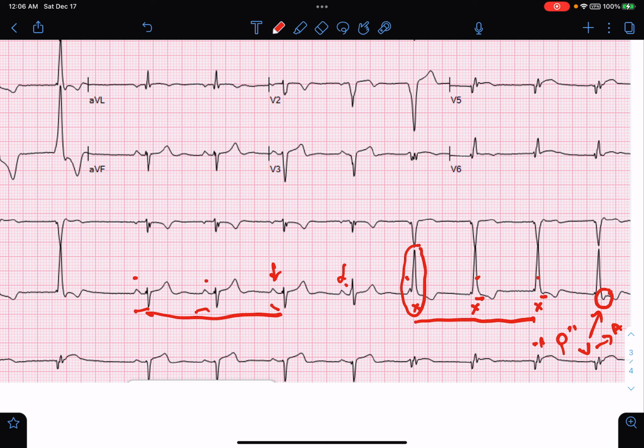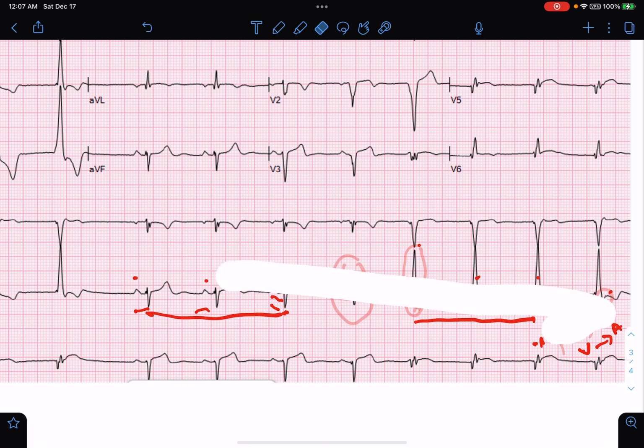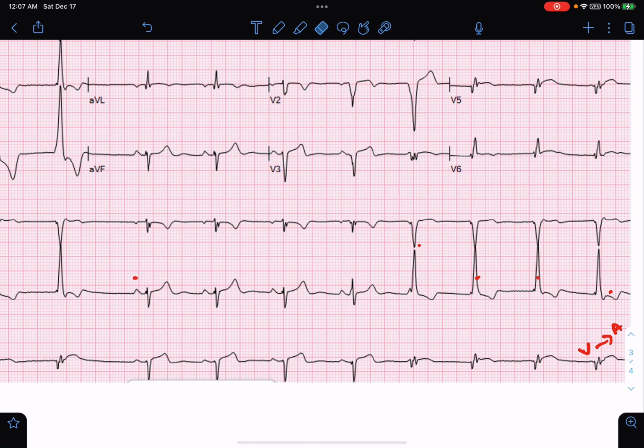However, this beat here looks different than this, and then the ventricular rhythm beat, and this is likely a ventricular fusion beat. First, the PR interval, you can see it's shorter than the other PR interval, and the QRS complex morphology of this beat is different than this beat and then this beat.